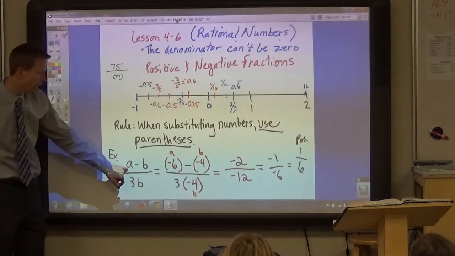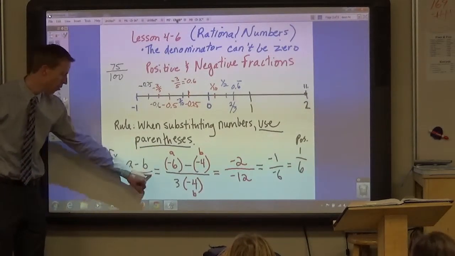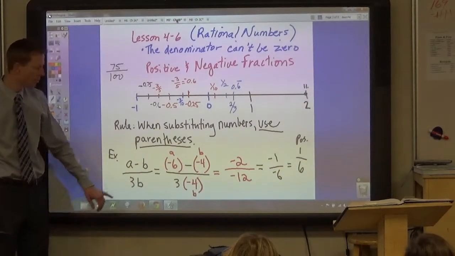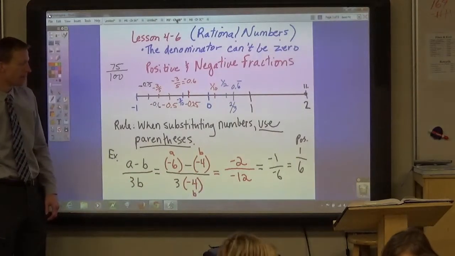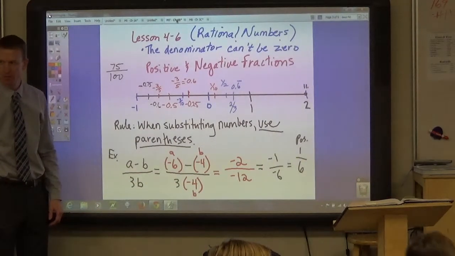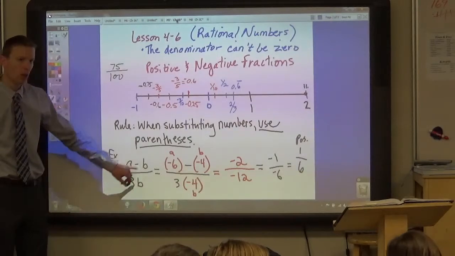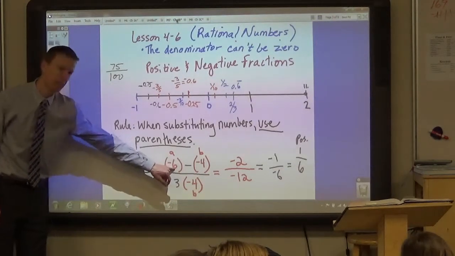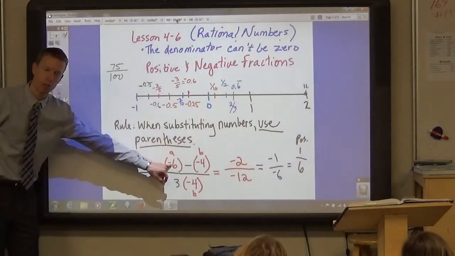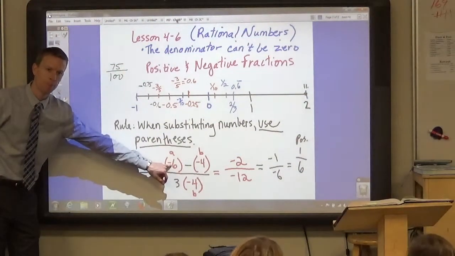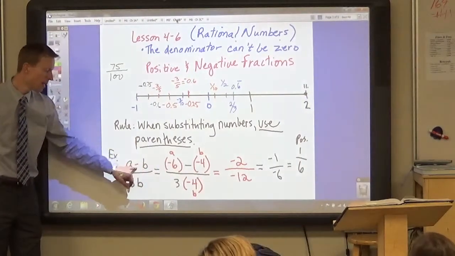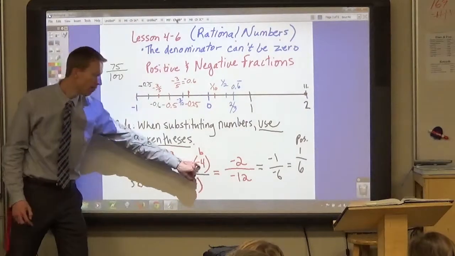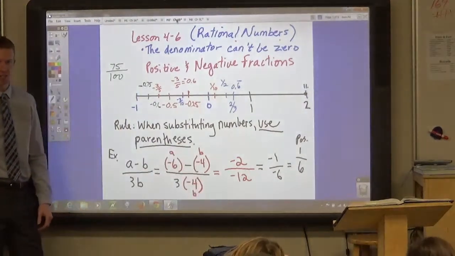If A minus B over 3B is your expression, and it says to evaluate it, it means to find the answer. Okay? So, you'd need to put -6 in place of A, put it in parentheses, keep the minus sign that's there, and then put -4 in for B in parentheses.